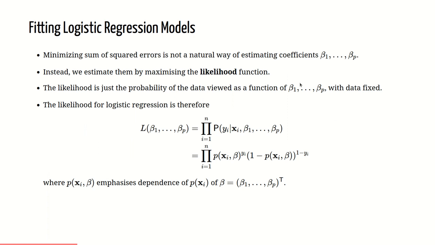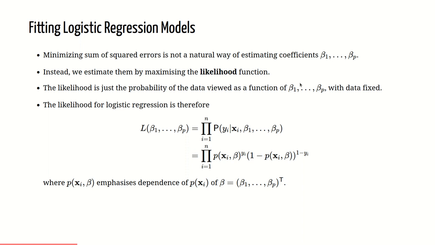Now, the estimation is done in a slightly different way than linear regression. You recall for linear regression, we found the optimal beta coefficients by minimizing the sum of squares. The reason that worked for linear regression was that the outcome was actually a normal distribution, right?